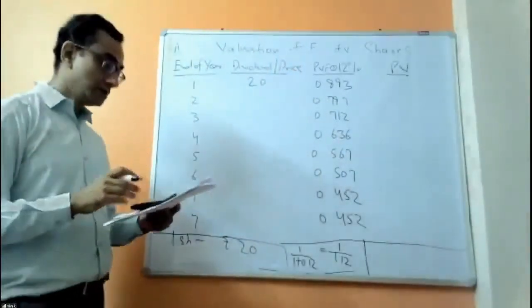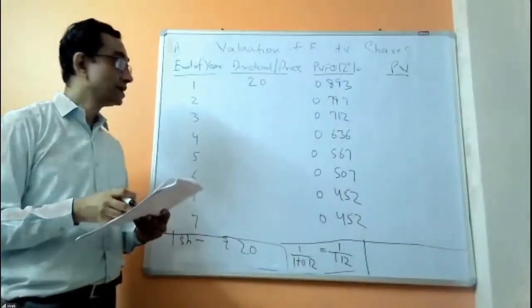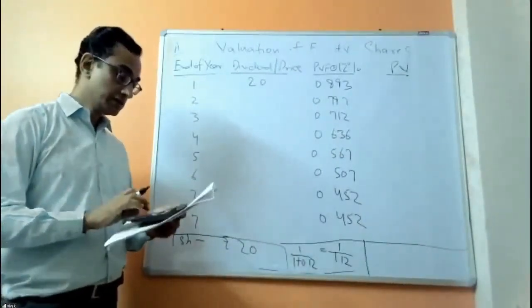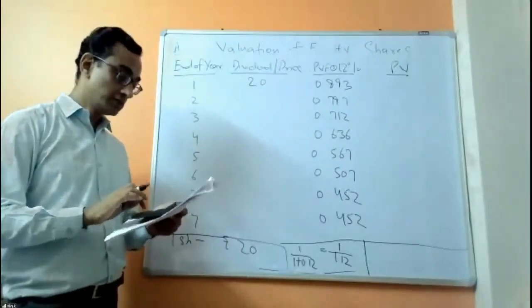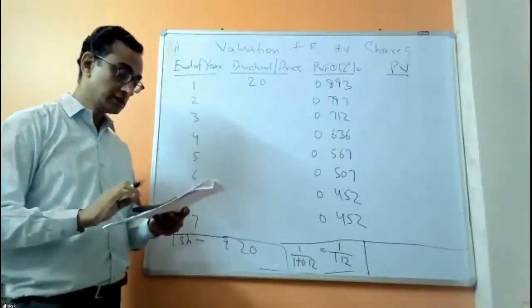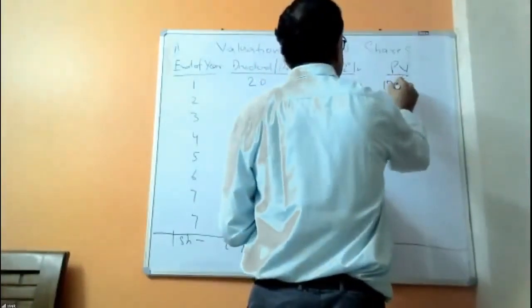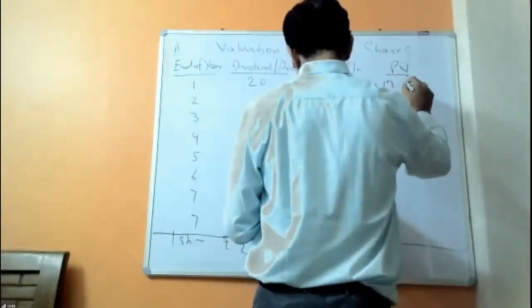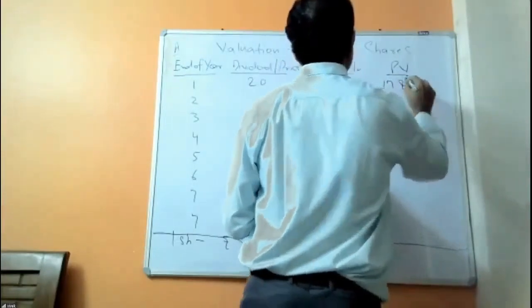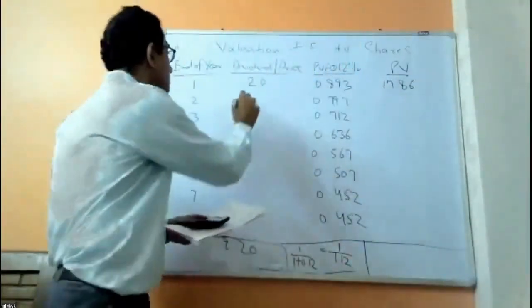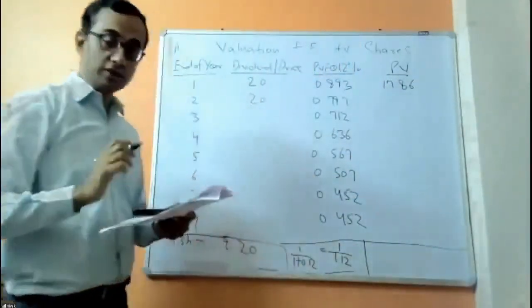Okay. Now, dividend for the first year is 20. So, we will multiply this 20 into 0.893. We get the present value of the dividend received at the end of the first year, which is 17.86. Now, second year also the dividend will be rupees 20 only.